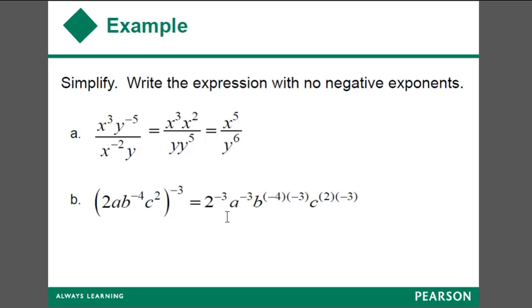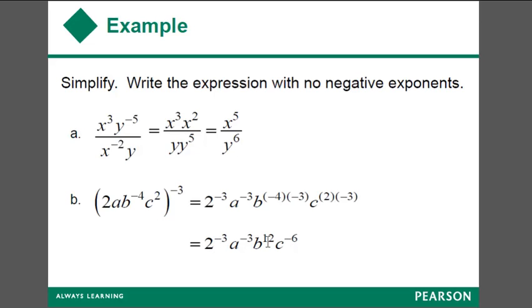So I now have 2 to the negative third, a to the negative third, b to the negative 4 times negative 3, because remember, if I have a power raised to a power, I multiply. And I have c to the 2 times negative 3. I'll go ahead and simplify my exponents. Negative 4 times negative 3 becomes a positive 12. 2 times a negative 3 becomes a negative 6.